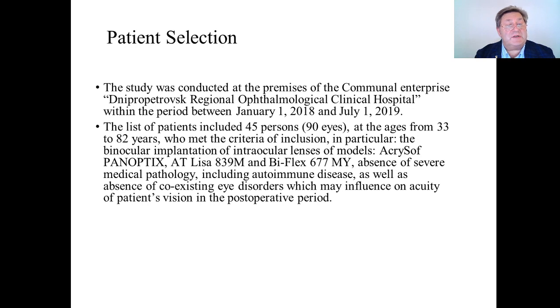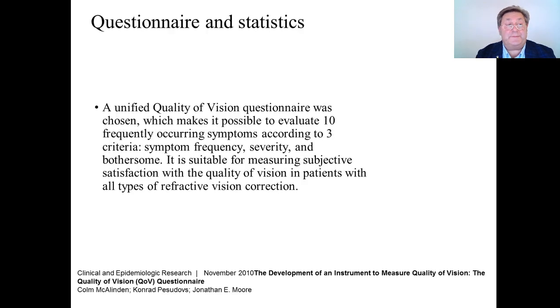The list of patients included 45 persons, 90 eyes, at the age from 33 to 82 years who met the criteria of inclusion, in particular the binocular implantation of intraocular lenses of models Panoptix, AT LISA and Biflex, absence of severe medical pathology including autoimmune disease, as well as absence of coexisting eye disorders which may influence acuity of patient's vision in the postoperative period.